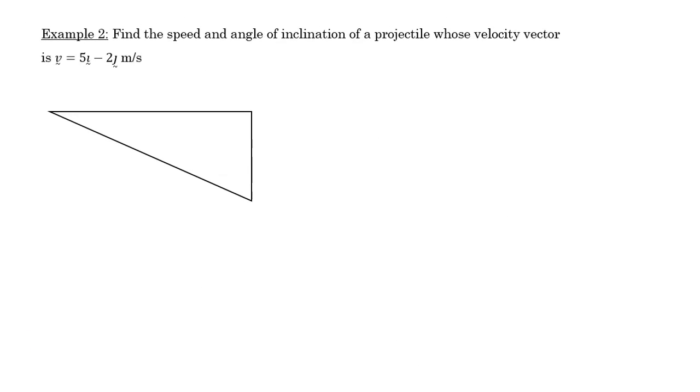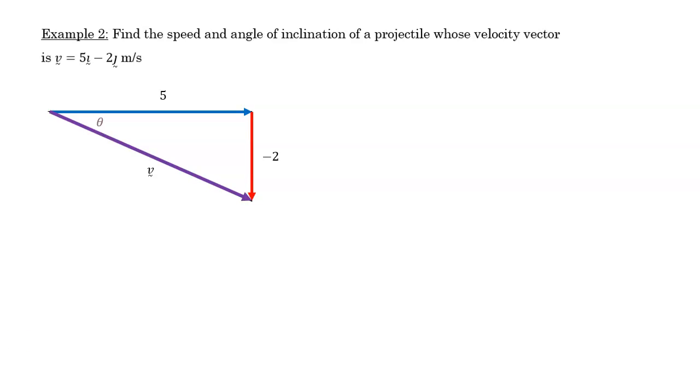In our second example here, we're given a velocity vector, 5i minus 2j, and we're asked to find the speed and angle of inclination. So to find the magnitude of that vector, it's the root of the sum of the squares.